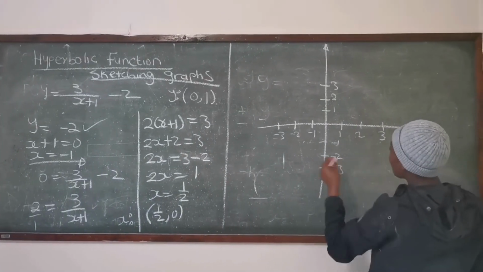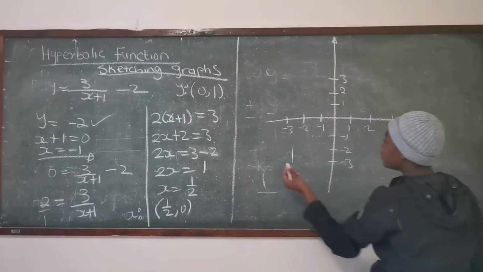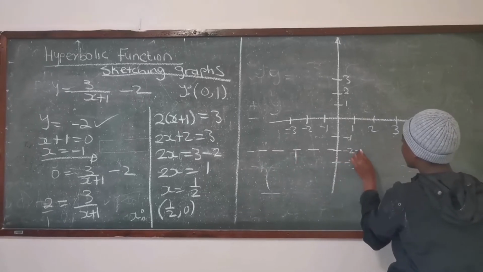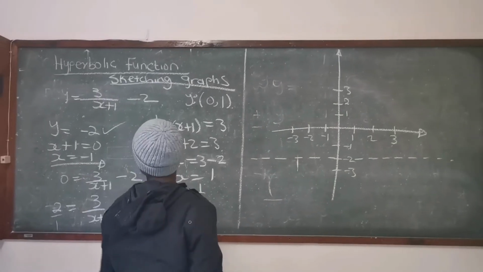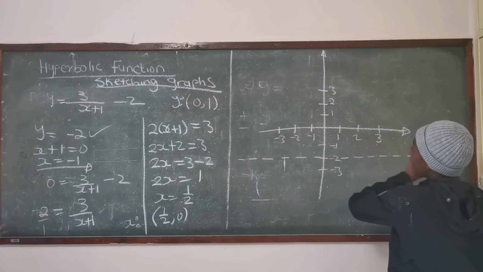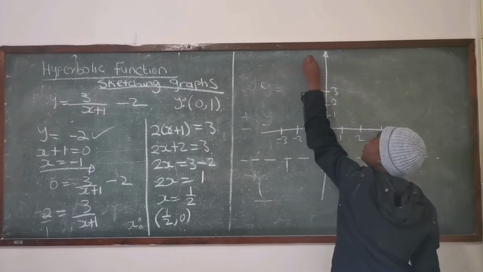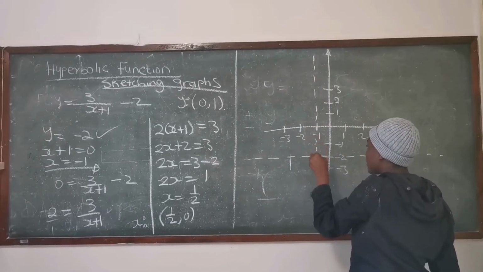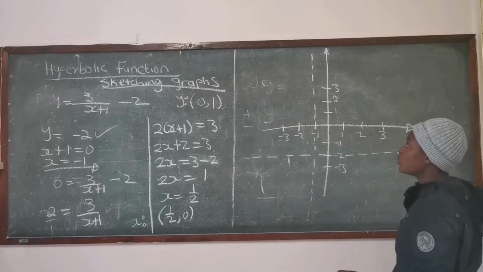Then we're gonna go where there is -2 on our y-axis, then put these dotted lines. And then our x-asymptote is represented by -1. Then we're gonna go to our x-axis and find -1. So where there is -1, we're gonna put dotted lines, right? These dotted lines represent our asymptotes.